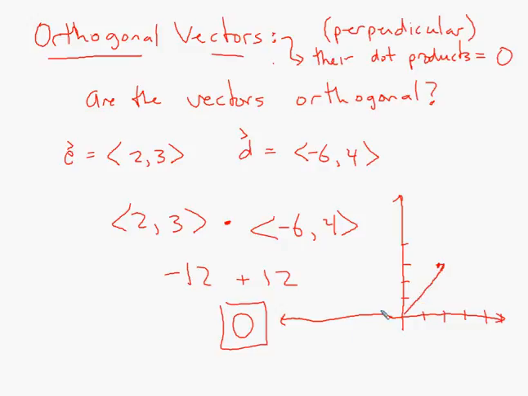Negative 6, 4, right there. We can see that even in my rough sketch, those appear to form a right angle, right? So if it ever equals 0, the vectors are orthogonal. And if it doesn't equal 0, then they're not orthogonal. So it's a pretty simple test to do.